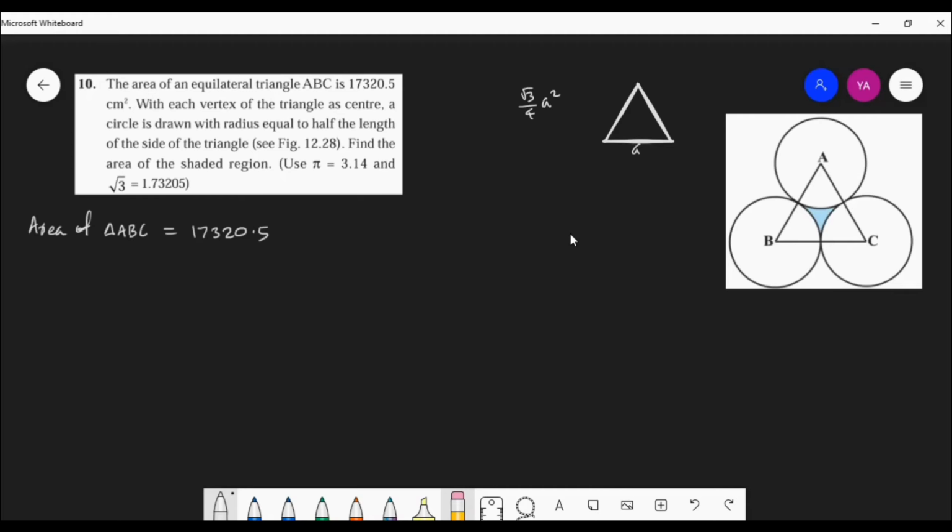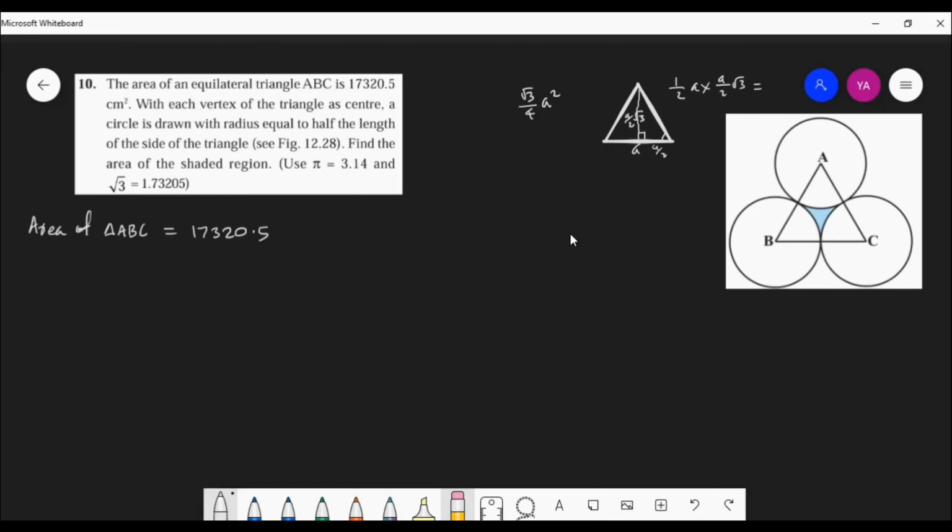Root 3 by 4 A square, because if we draw the height, we will get a 60, 30, 90 degree angle triangle, and the side opposite to 30 will be A by 2. And the side opposite to 60, we multiply by root 3, which will be A by 2 root 3. And now the area is equal to 1 by 2 into the base A into height A by 2 root 3.